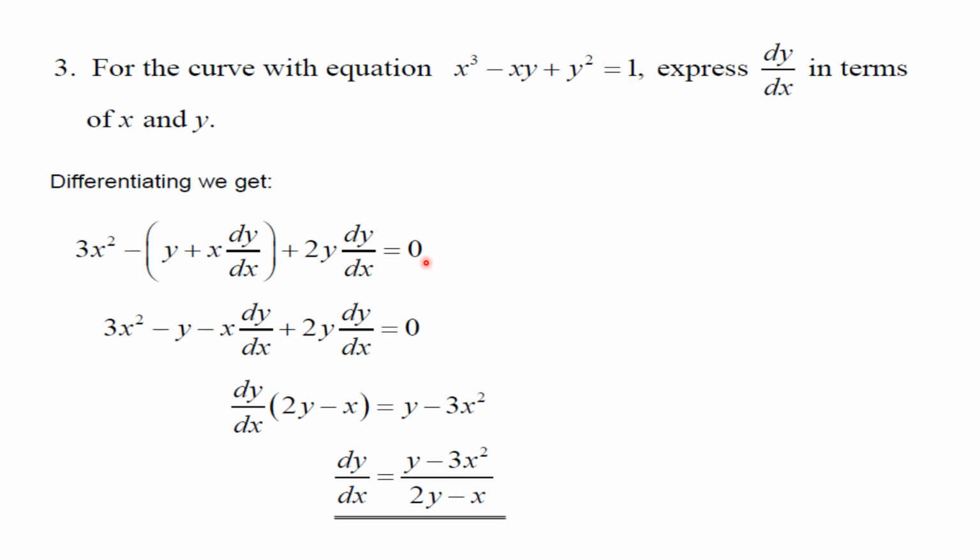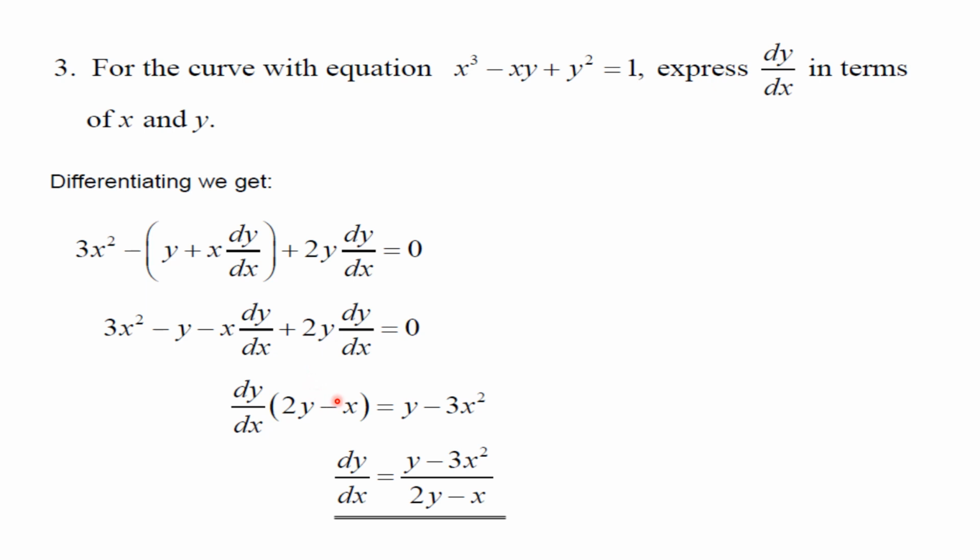So therefore, your next step would be to expand, open up the brackets, minus y minus x plus 2y, and then group the dy dx together. The terms that have dy dx, you can leave on the left because you need to make dy dx the subject.